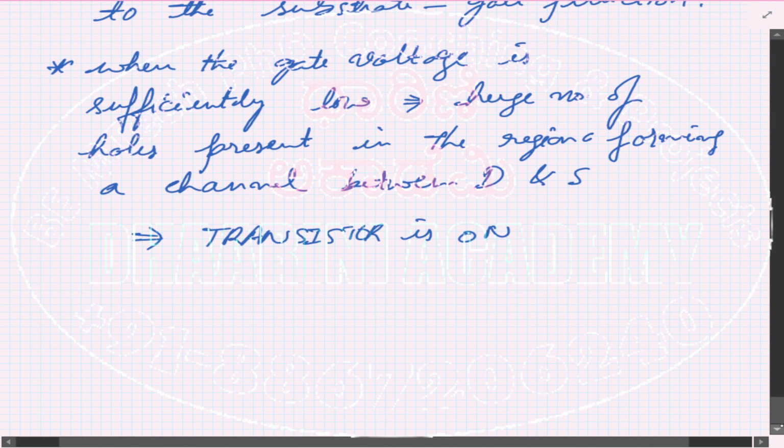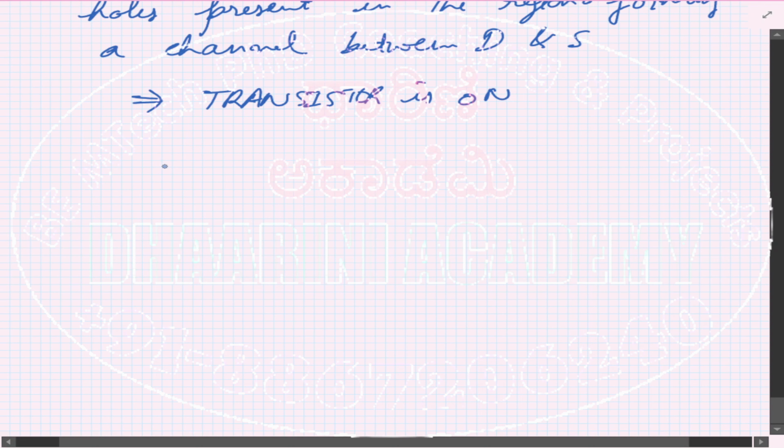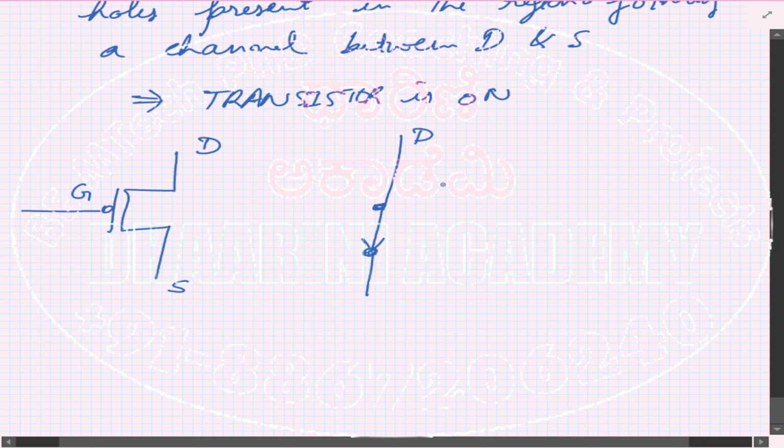All right. So let's write the notations quickly. So we know that this is how the PMOS transistor can be represented. There is a drain, source, and the gate. The on condition is, once again, you will short the two terminals. So this is drain, this is source, this is on.